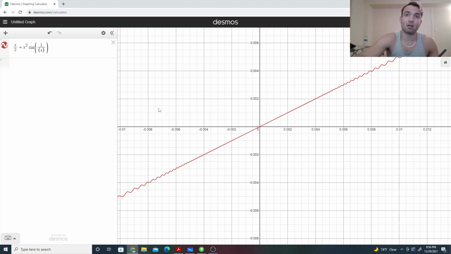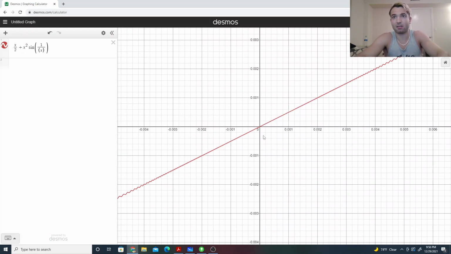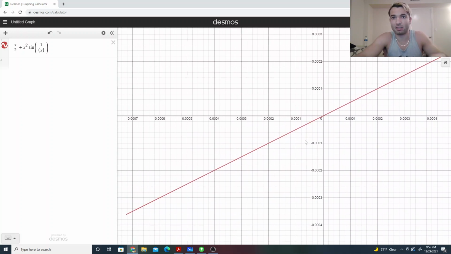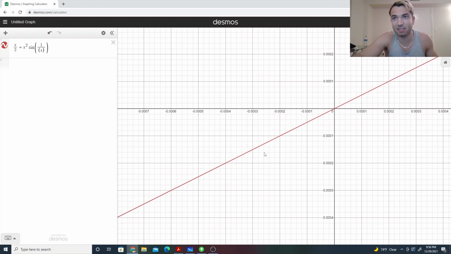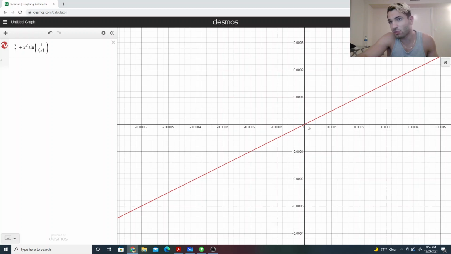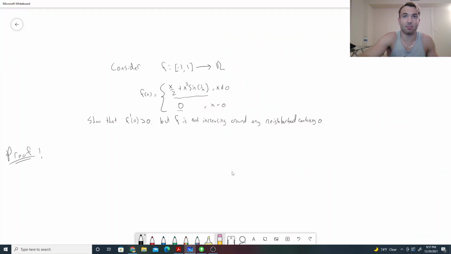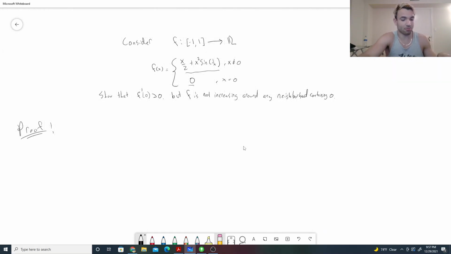As you zoom in, it almost looks like a straight line because it's happening so frequently. So from a geometric point of view, there's no way there would be an interval where it's increasing, because it would be oscillating so frequently around 0. So that's the geometric view. But what about the proof?